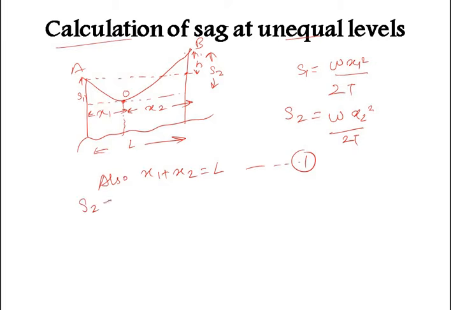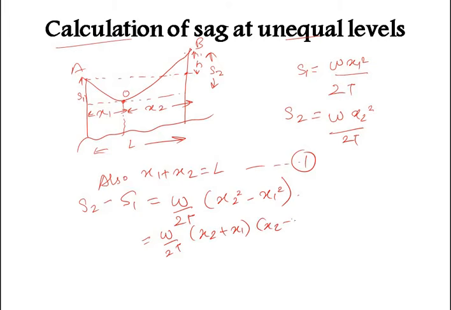Now, the difference between S2 and S1 is H. So, S2 minus S1 is equal to W upon 2T into x2 square minus x1 square, which is equal to W upon 2T into (x2 plus x1) into (x2 minus x1).